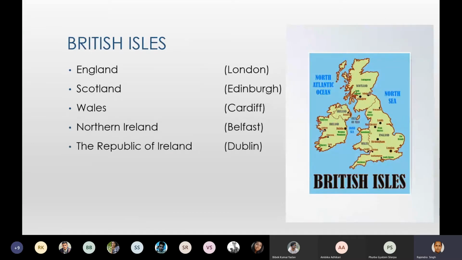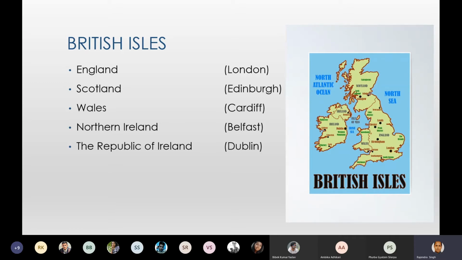So I assume some of you have already heard the term British Isles. The term British Isles refers to the group of islands which was originally British. When you say British Isles, it comprises England, Scotland towards the north, Ireland towards the west, then Wales, also towards the west, which is connected to England itself.